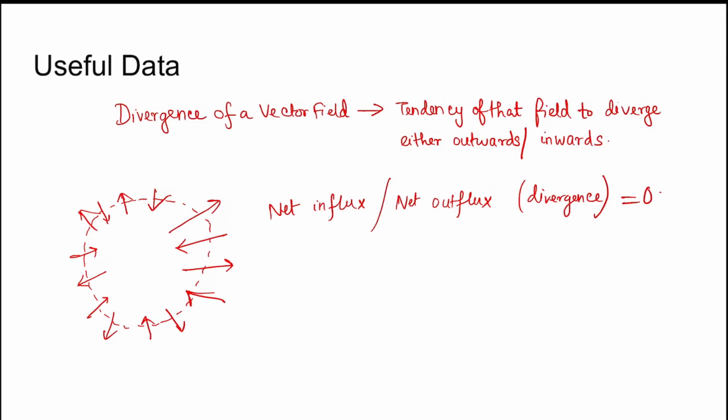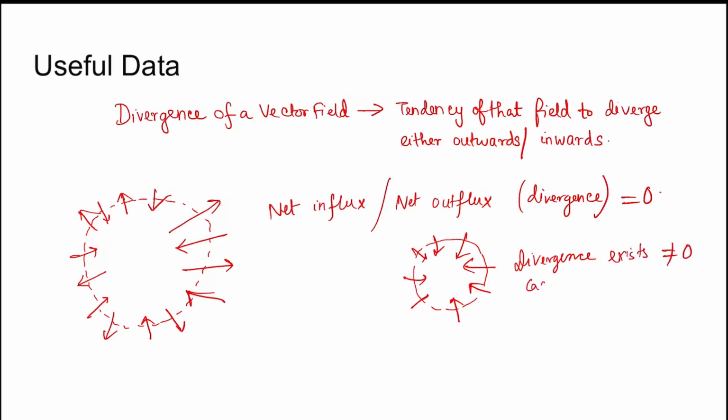Similarly, if you see this example and you take an imaginary surface, you see everything is coming in, so divergence exists and is not equal to 0.